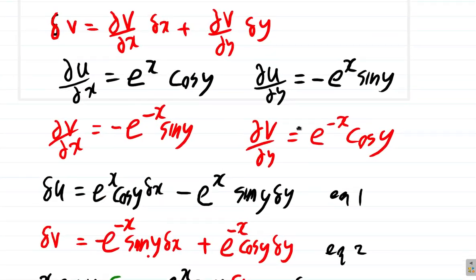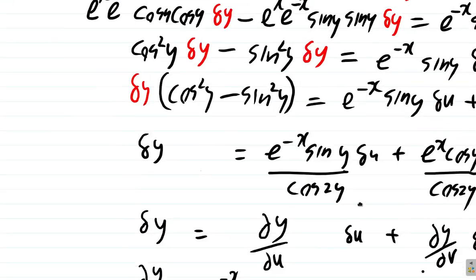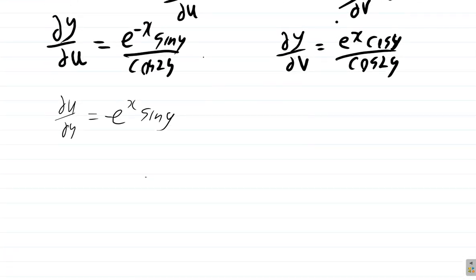Delta v by delta y was e to the minus x cos y. That was delta v by delta y, right? It is different, and it is not 1 over e to the negative x cos y. This is what you get.